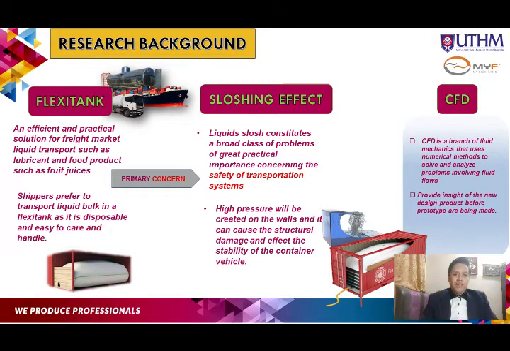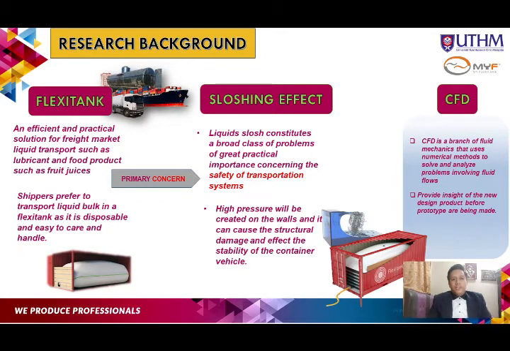This project aims to study the sloshing effect of flexitank by using CFD. CFD is a branch of fluid mechanics that uses numerical methods to solve and analyze problems involving fluid. It can help us gain a better vision of the sloshing behavior and study its effects.